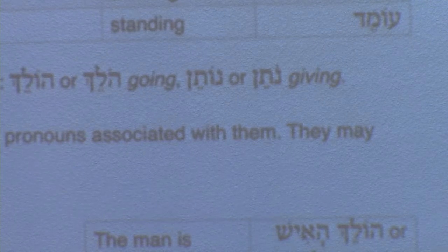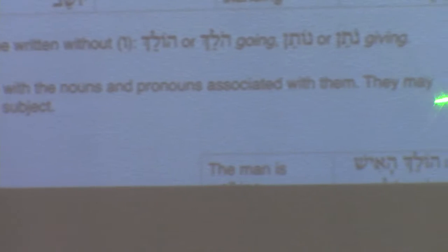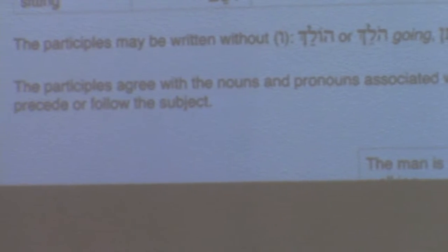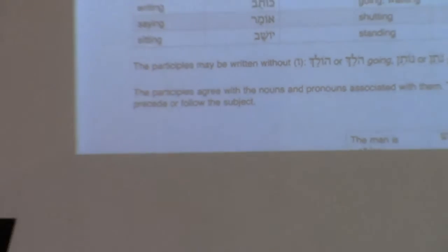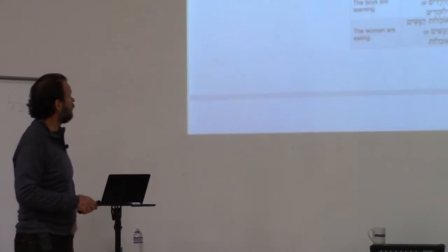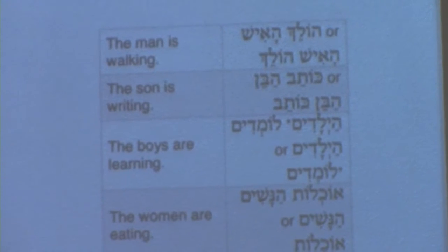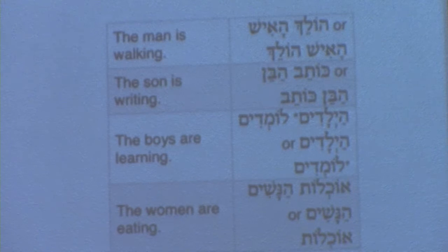Okay, the participles agree with nouns and pronouns associated with them. They may precede or follow the subject. That makes it easy, right? It doesn't matter how you write it, it's going to be the same. So you look here: holech ha'ish or ha'ish holech, the same. The man is walking.